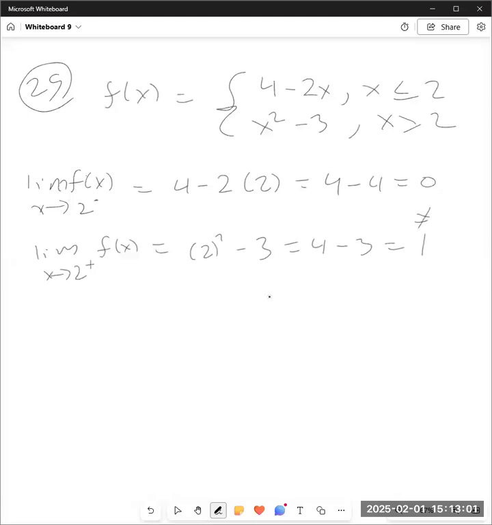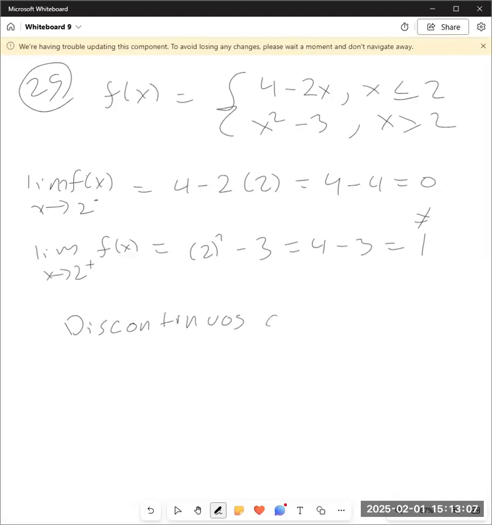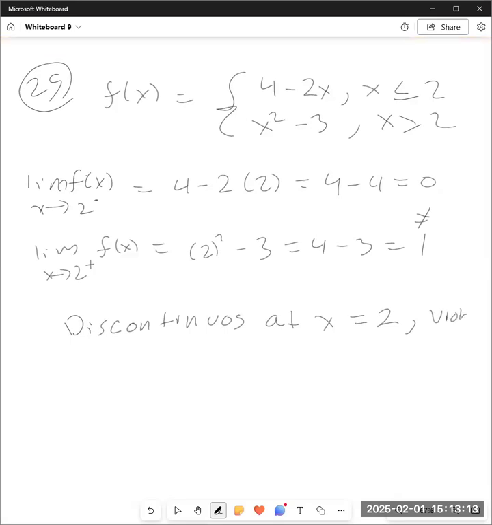These are not equal, so we're discontinuous at x equals 2 because it violates part 1 of the definition. The limit will not exist. I just checked the limit from the left and the limit from the right. They're not equal, so the limit doesn't exist.